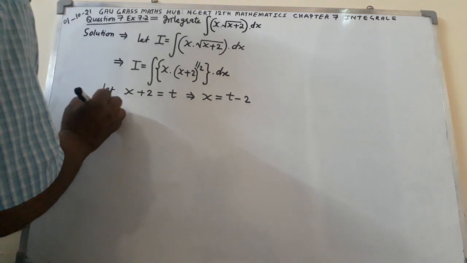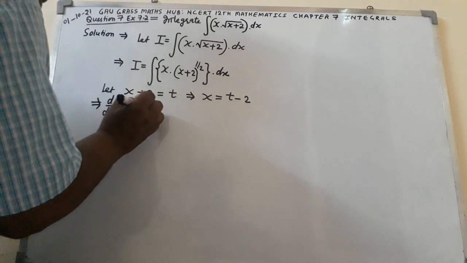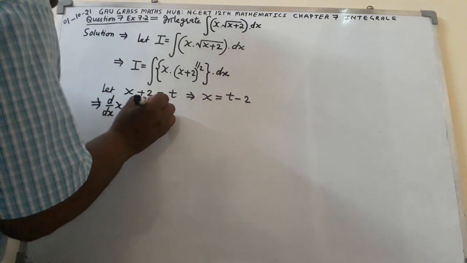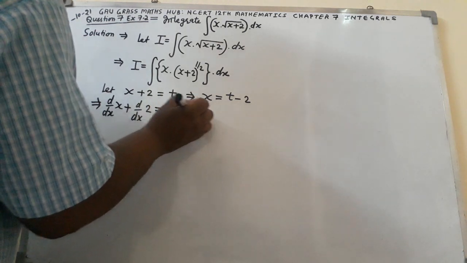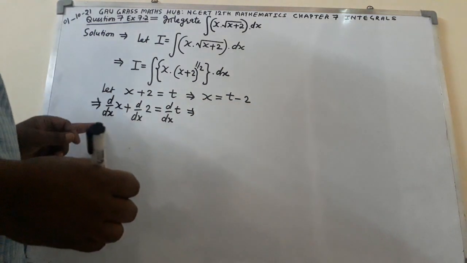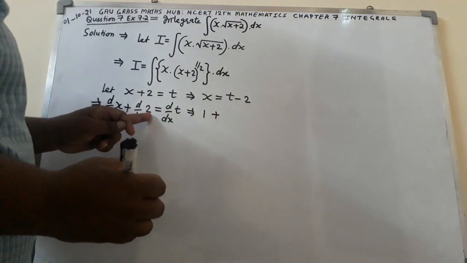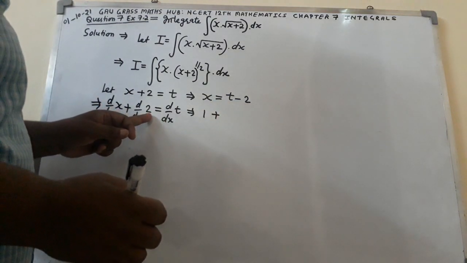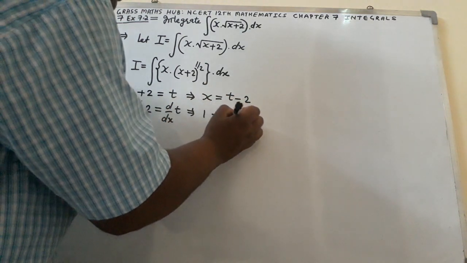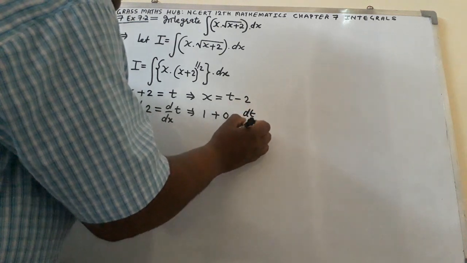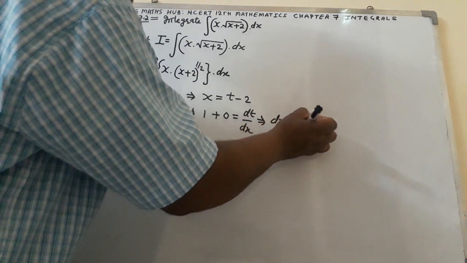Again I shall write, implied that d over dx of x plus d over dx of 2 equal to d over dx of t, implies that d over dx of x comes out to be 1 plus d over dx of 2. Here 2 is constant. First order derivative of a constant comes out to be 0. So d over dx of 2 comes out to be 0, equal to dt over dx, implies that dx equal to dt.